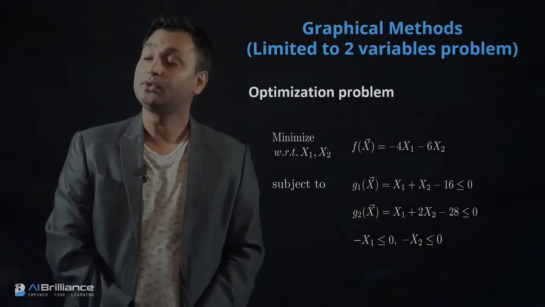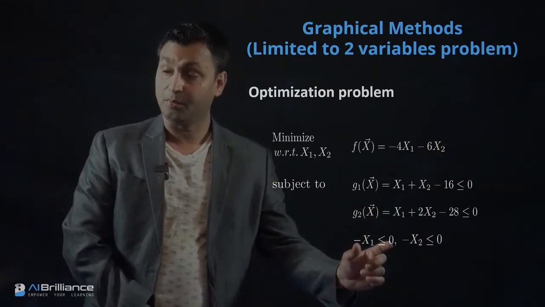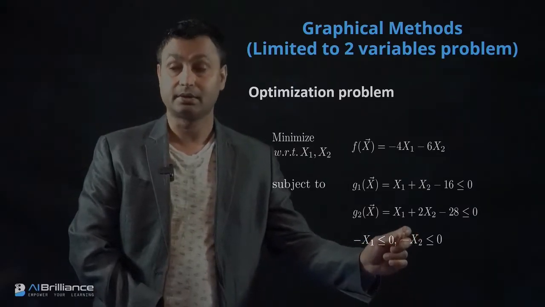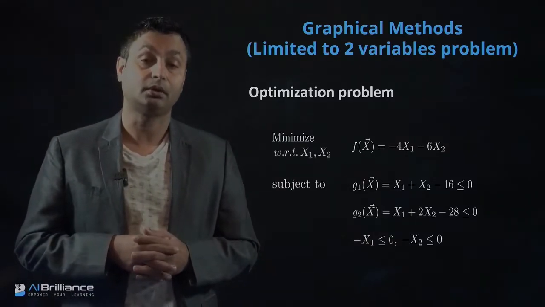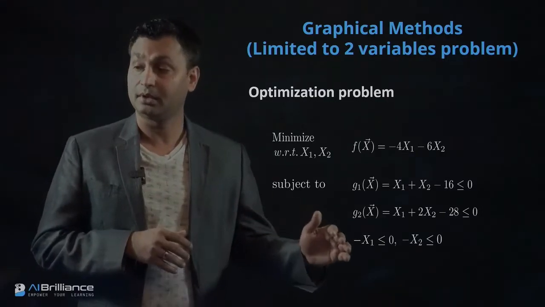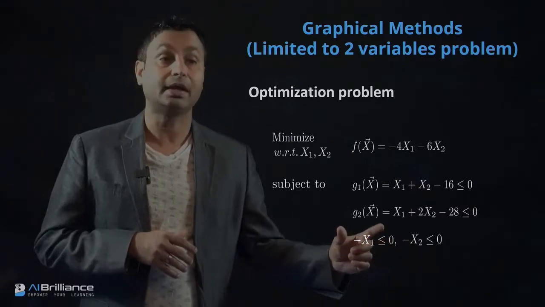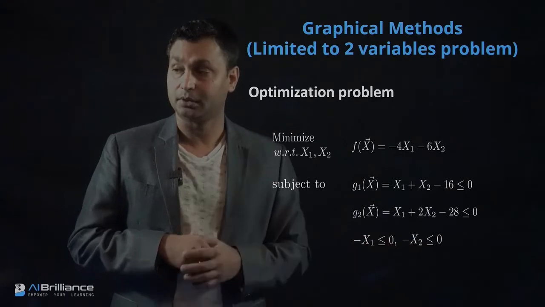Similarly, g2 is also an inequality constraint, whereas the constraints listed at the bottom, minus x1 less than or equal to 0 and minus x2 less than or equal to 0, are constraints on variables x1 and x2 such that they have to be positive. That's where the non-negative form comes into the picture. This tells us that x1 has to always be greater than or equal to 0 and x2 has to always be greater than or equal to 0.